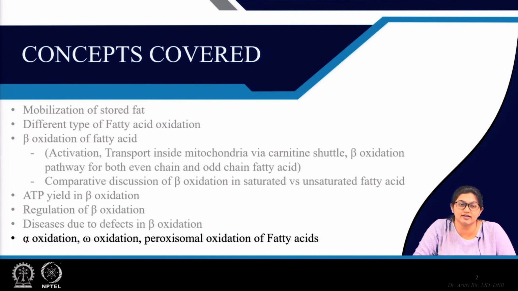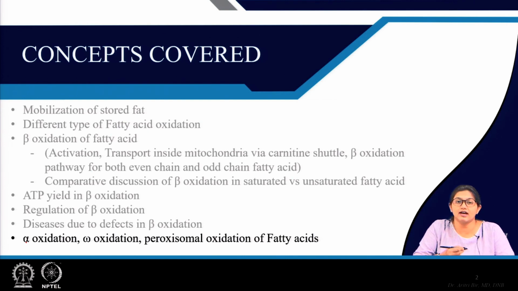We have discussed beta oxidation of fatty acids, the process starting from activation to transport of fatty acid inside mitochondria, then the different reaction steps for all the different types of fatty acids like odd chain, even chain fatty acids, then saturated and unsaturated fatty acids. Then we have discussed the energetics of beta oxidation, regulation and also the related disorders.